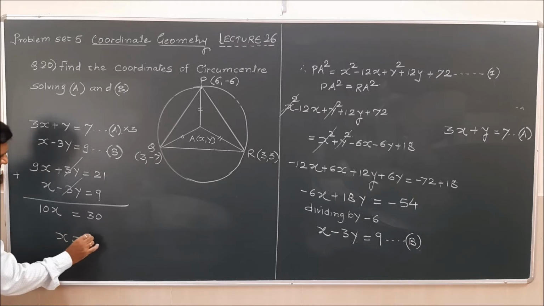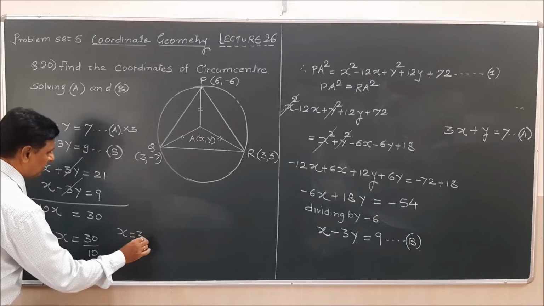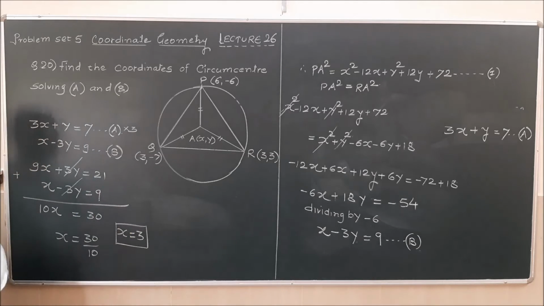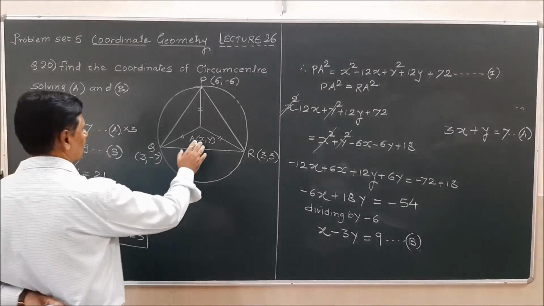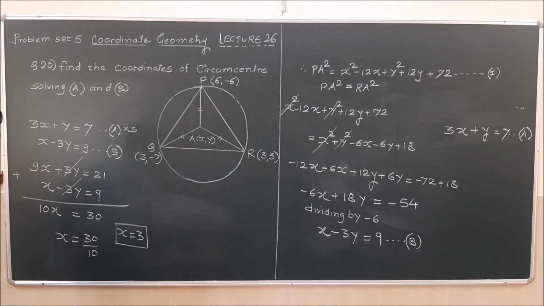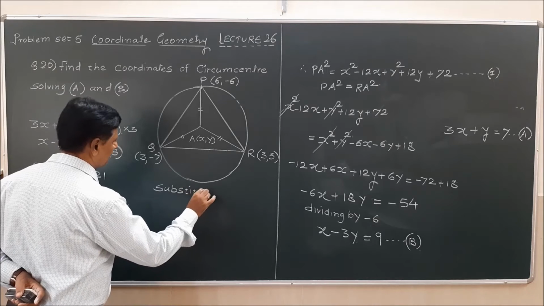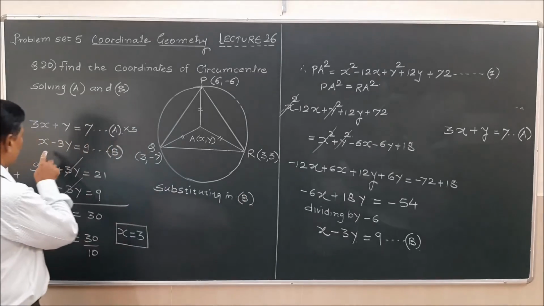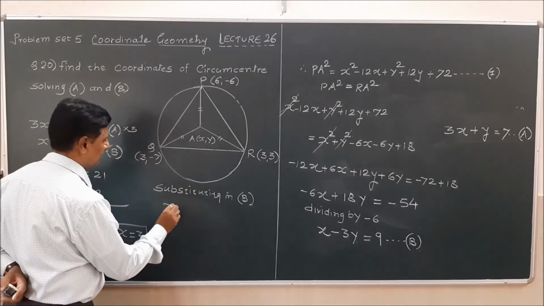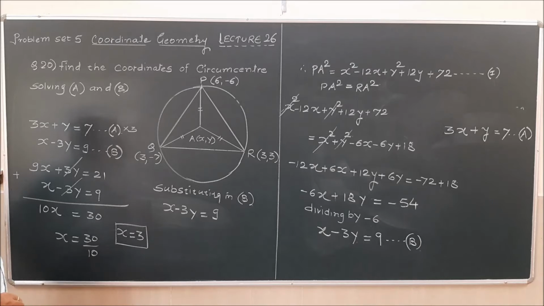Then x is equal to 30 upon 10. So x is equal to 3. So this is how we got the first coordinate, the x coordinate of the circumcenter, which is 3. I'll prefer to substitute that in B. So substituting in B, x minus 3y is equal to 9.